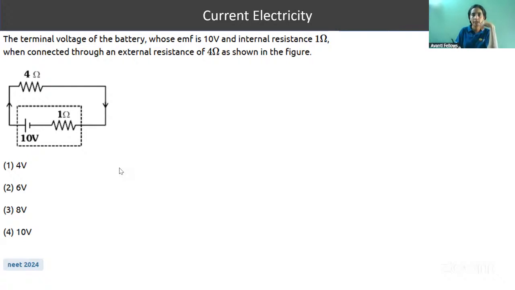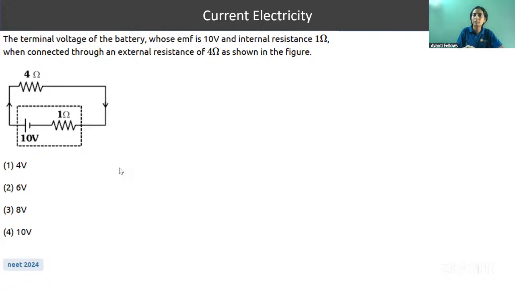You just have to calculate potential difference. Puneet, yes, very good. That will be the answer. Okay, I'm ending the poll now because there is no point of giving more time.